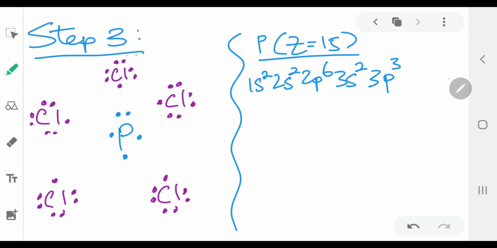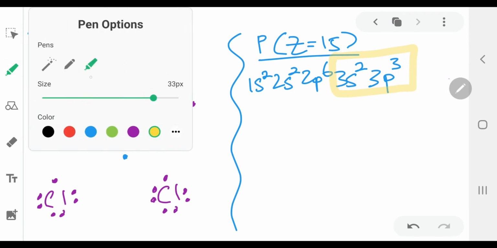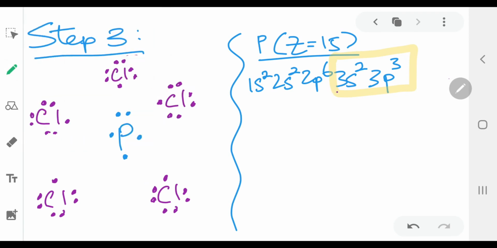It's obvious that this is the outermost shell, signifying that phosphorus is on period 3. So when they are on the third period, they can have d orbital characteristic, and that's the reason why they can expand their octet.